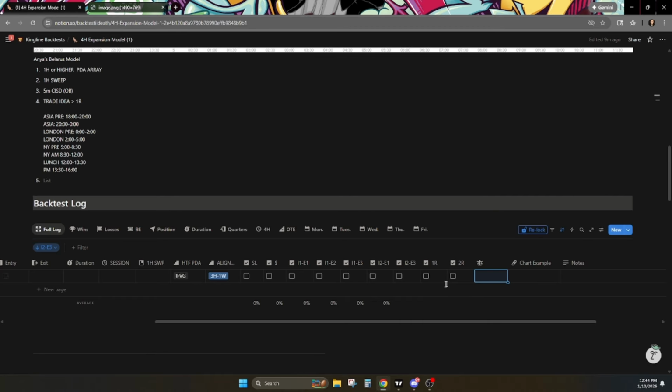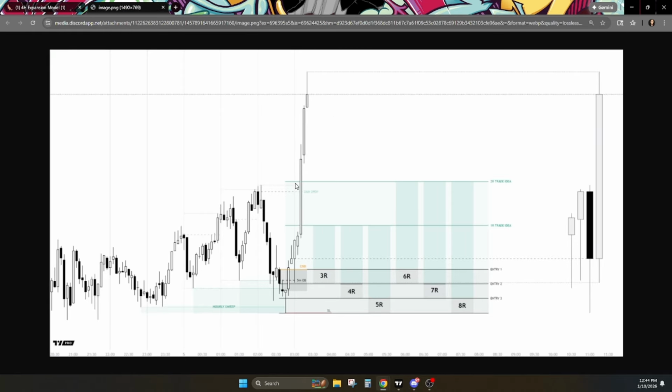But we're technically only backtesting this 1R and 2R, right? So at the end of every trade idea, what I can do is just go for max extension, but again, it's kind of ambiguous because we should be aiming for a specific target.